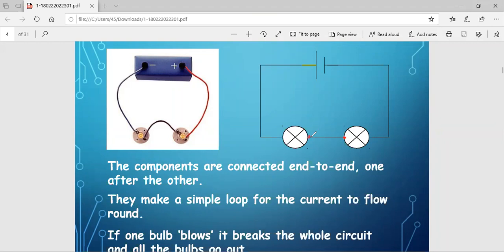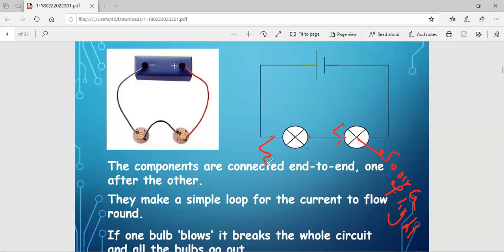One end is connected to one source of light, and the other end is connected to the other source of light. If I have two sources of light, I will call them, for example, L1 and L2.